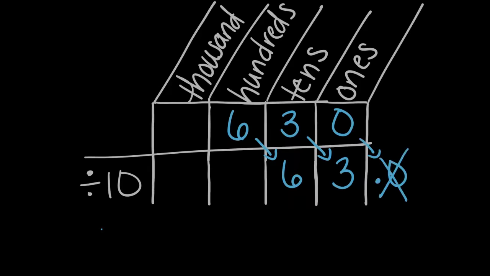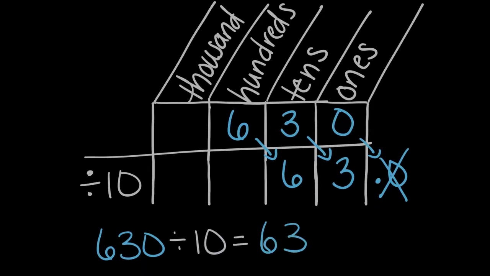So we can say that 630 divided by 10 is equal to 63, or 6 tens and 3 ones. So again, two ways to think about dividing by 10. Either we can cross off a 0, or we move each digit one place value to the right.